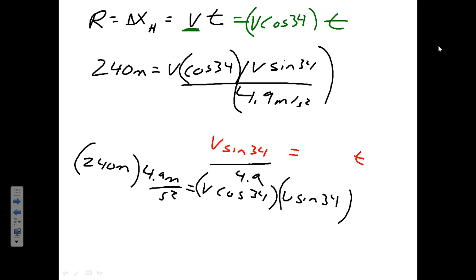Multiply that out. That gives us 1176 meters squared over second squared equals, I'm going to rearrange the other side just a little bit. We could write that v squared, right? Because it's v times v. V squared sine 34 cosine 34.